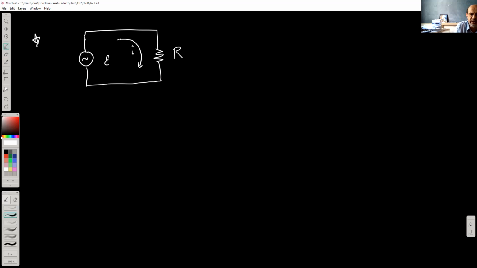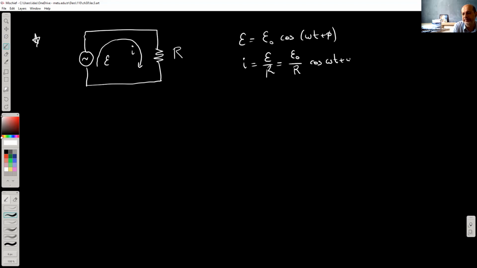So if the EMF is epsilon 0 times cosine of omega t plus phi, the current in the circuit would be the EMF divided by R. So this is epsilon 0 over R times cosine of omega t plus phi.